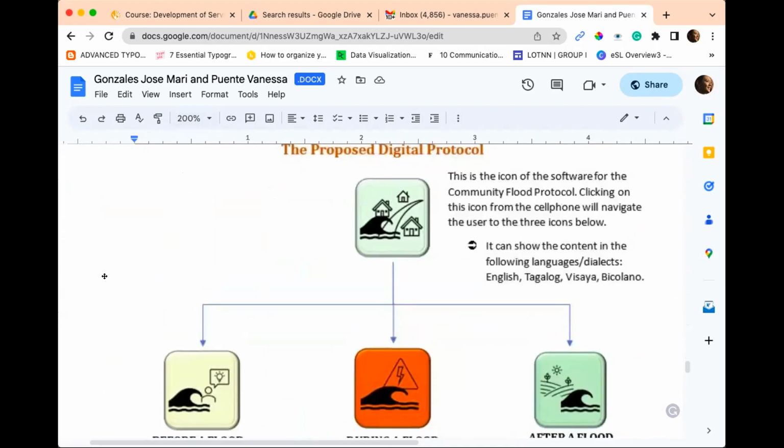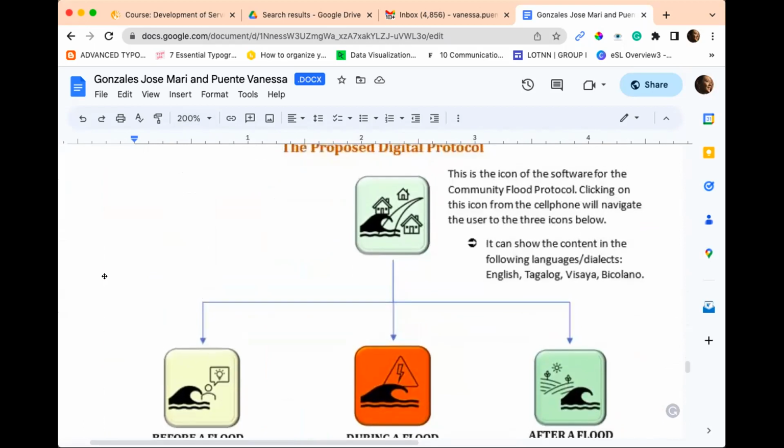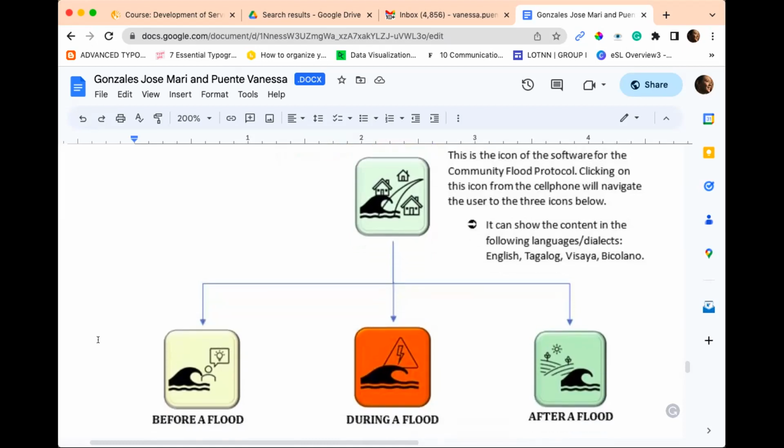This is an application that is downloadable in the cell phones of the local community, which will be shared by the Sangguniang Kabataan. So the first icon that you see above is the icon they will press on. And after pressing this icon, it will show you 3 different icons, which is responsible for information that can be provided for the local residents before, during, and after a flood.